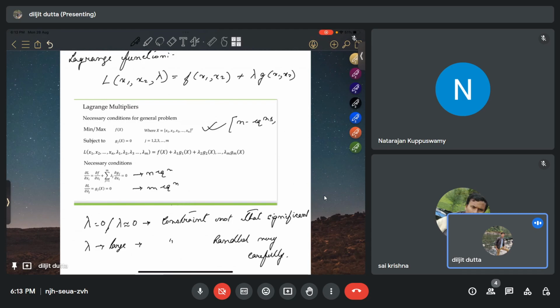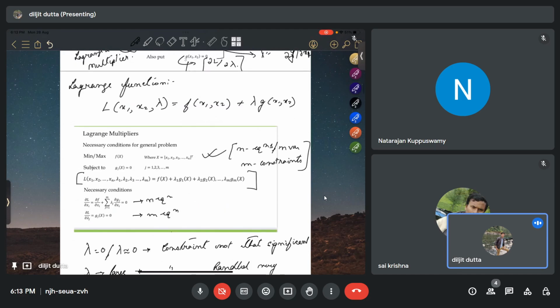We write the Lagrange function as L of x and lambda. It will be f of x plus lambda 1 g1 of x plus lambda 2 g2 of x, up to lambda m into gm of x.